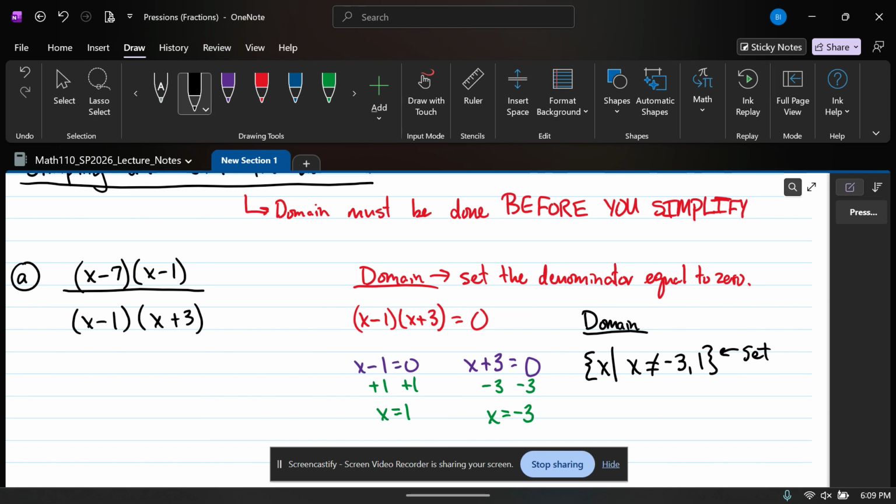Interval notation is the one with the parentheses, the brackets, the u's, the infinities, and all that stuff in it. So the interval notation for that, we would start at negative infinity. We'd go to -3. We skip -3. We go to 1. We skip 1. And then we go to infinity.